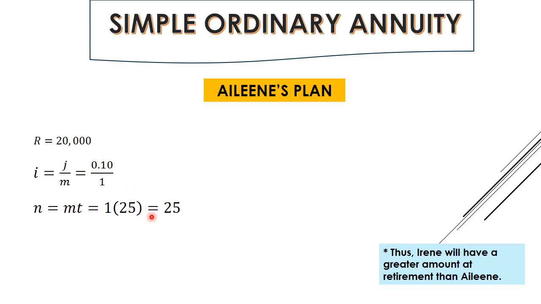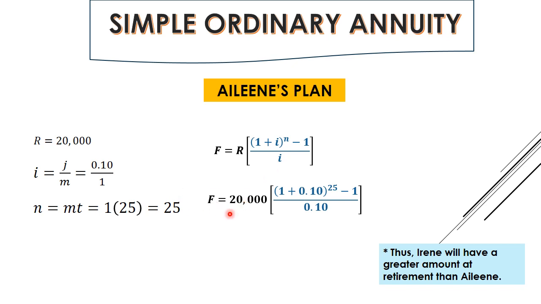So we have t equals 25. Now we substitute to the formula. F equals R times (1 plus i) to the power of n, minus 1, over i. So we have 20,000 times (1 plus 0.10) to the power of 25, minus 1, over 0.10. Let's solve this in the calculator.